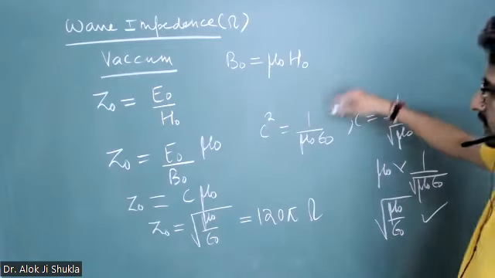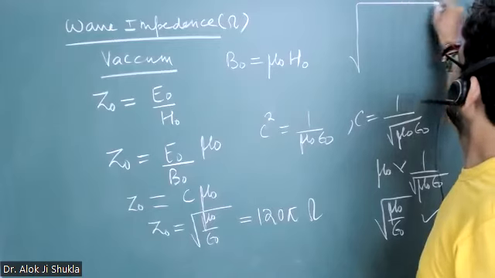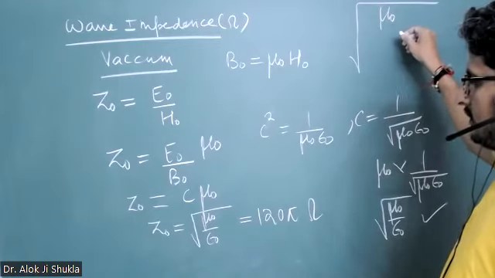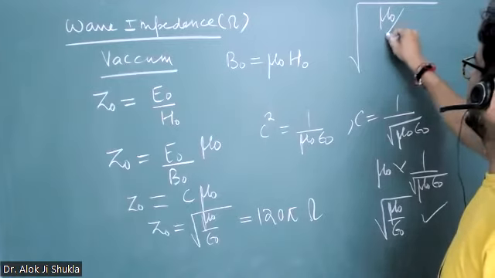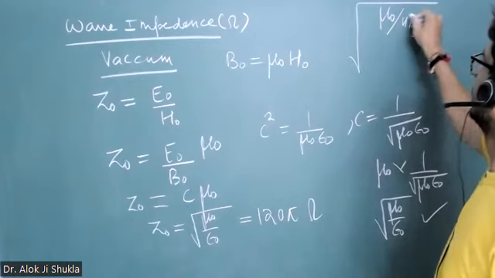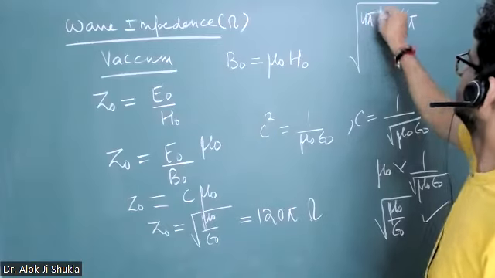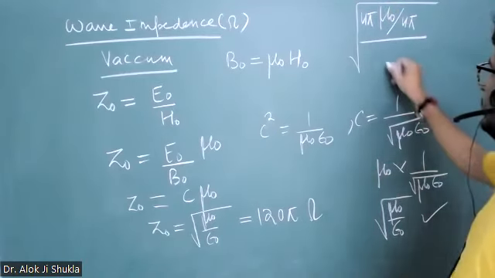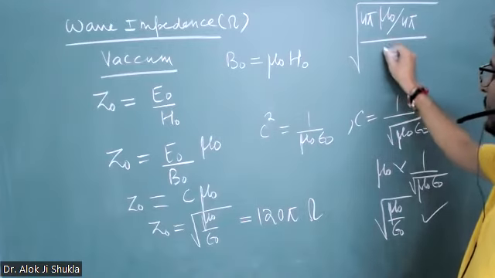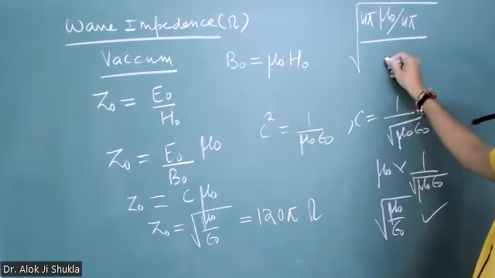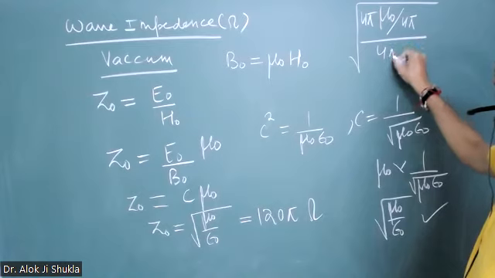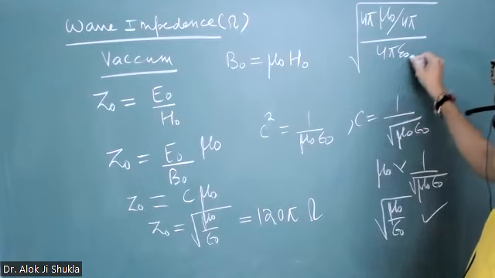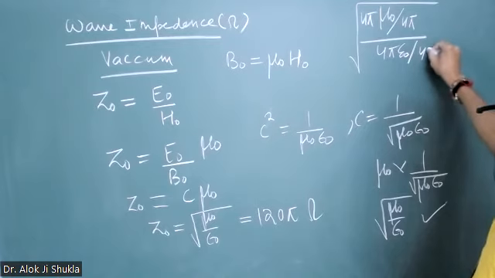So what is mu naught? Under root of mu naught by 4 pi. Can I write it like this? Upon epsilon naught को 4 पाई एप्सिलॉन नॉट divided by 4 pi.